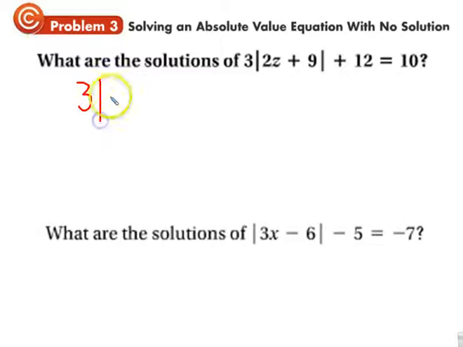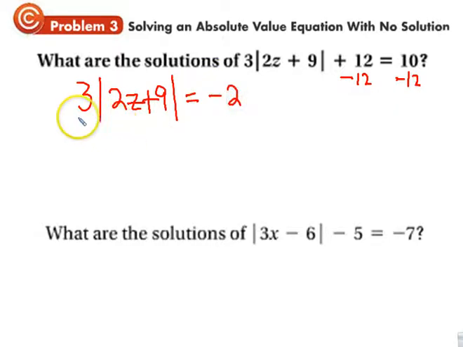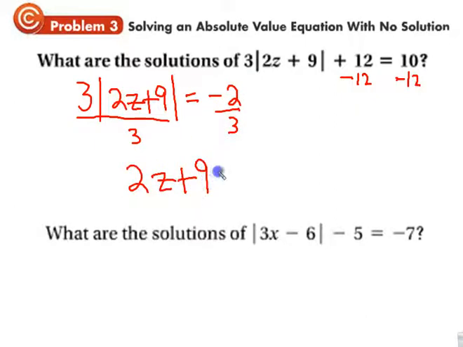So I do that by subtracting 12. So I get negative 2. And then I divide everything by 3. The absolute value of 2z plus 9 is equal to negative 2/3.